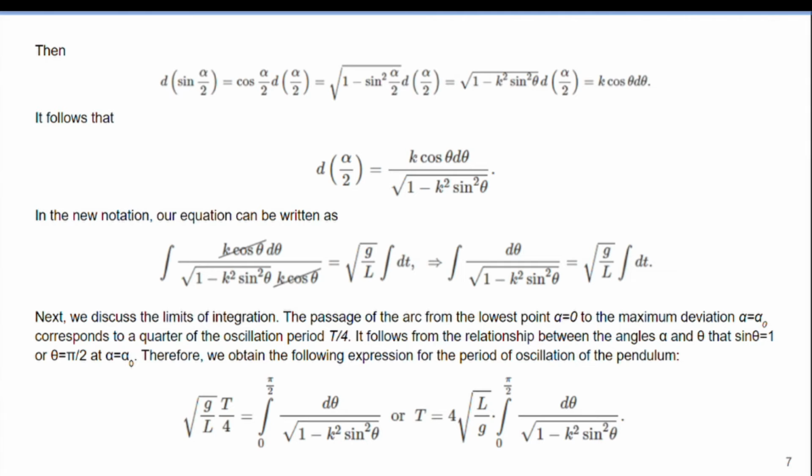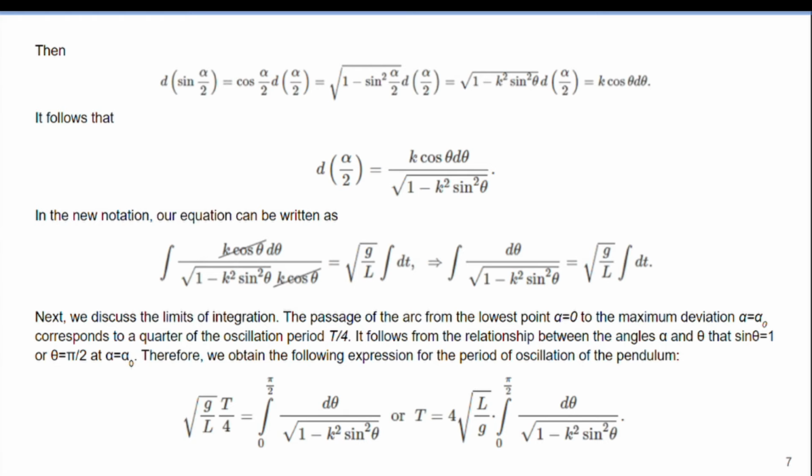Then here we have another equation, equal to the square root of k squared minus sine squared alpha over 2, d of alpha over 2, equals the square root of 1 minus k squared sine squared theta, d of alpha over 2, equals k cosine theta d theta.